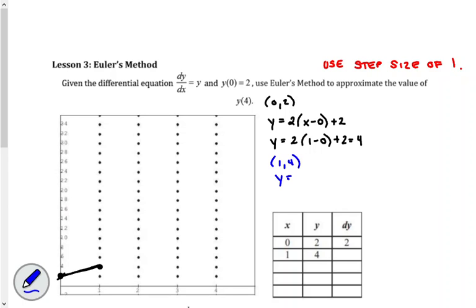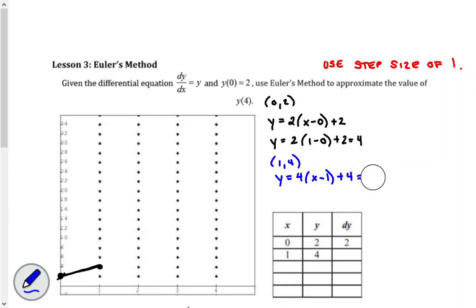It would be y equals, what's my new slope at (1, 4)? 4 times (x minus 1) plus my y value, 4, right?